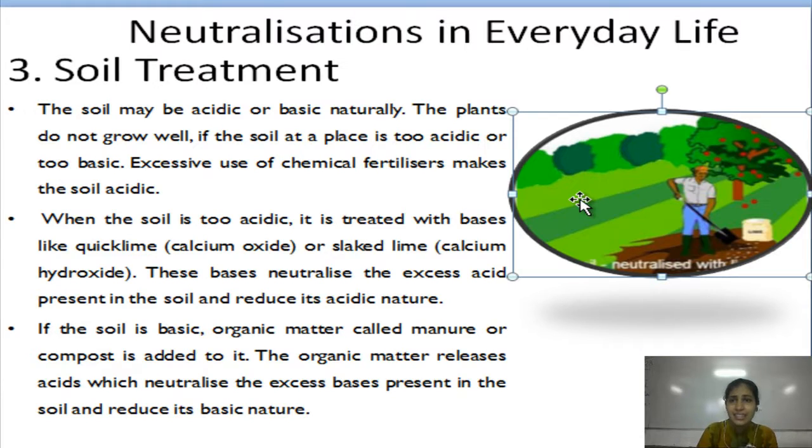These bases neutralize the excess acid present in the soil and reduce its acidic nature. If the soil is basic, organic matter called manure or compost is added to it. The organic matter releases acid which neutralizes the excess bases present in the soil and reduces its basic nature.